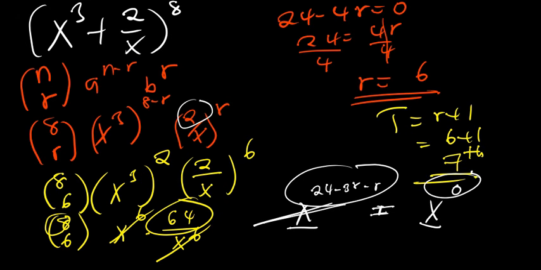Now let us look at what we call binomial series. But before we do that, I want us to understand one thing, what we call factorial theorem. So what is basically factorial theorem?